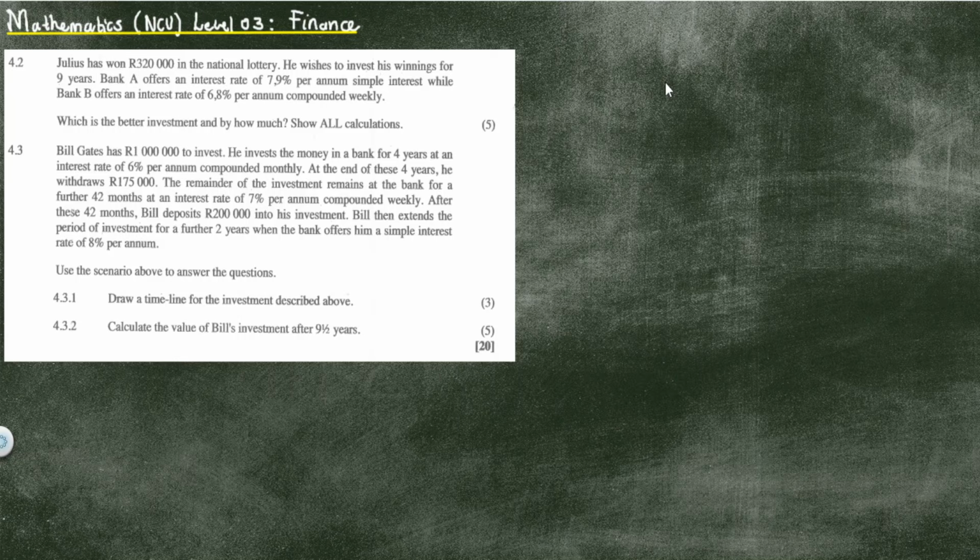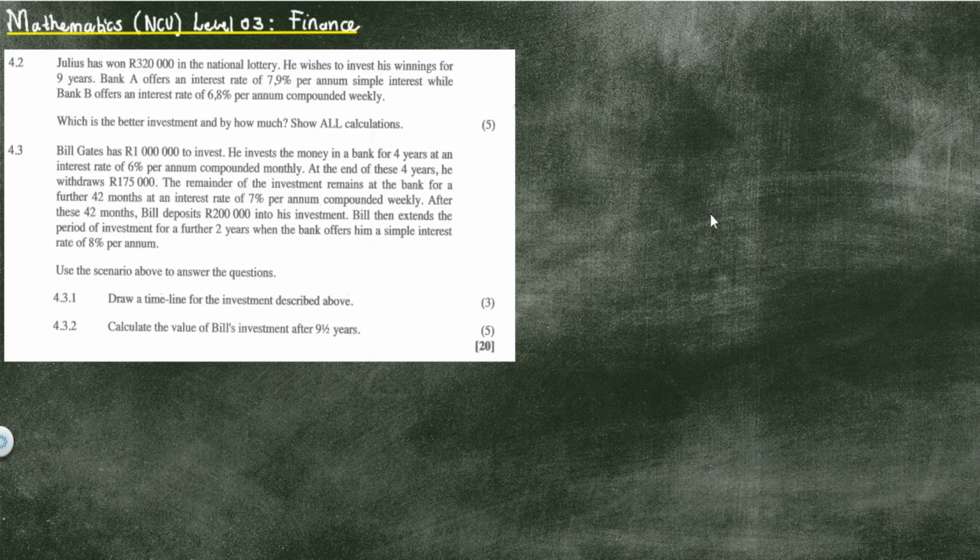The remainder of the investment remains at the bank for a further 42 months at an interest rate of 7% per annum compounded weekly. After these 42 months, Bill then deposits another 200,000 rand into his investment. Bill then extends the period of the investment for a further 2 years when the bank offers him an interest rate of 8% per annum.